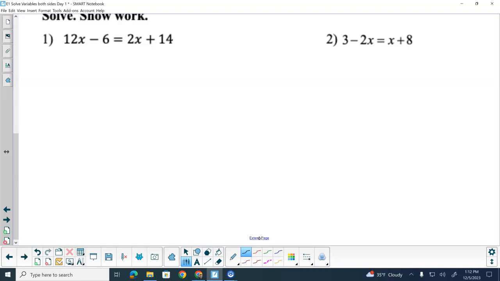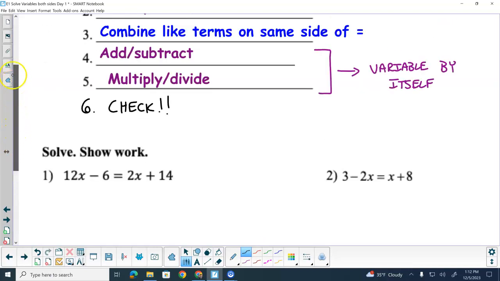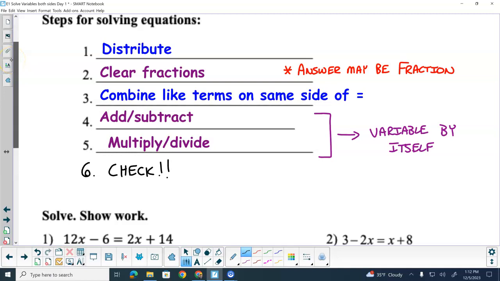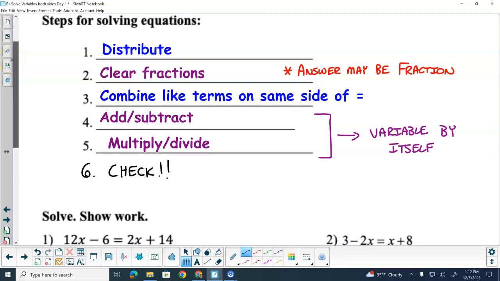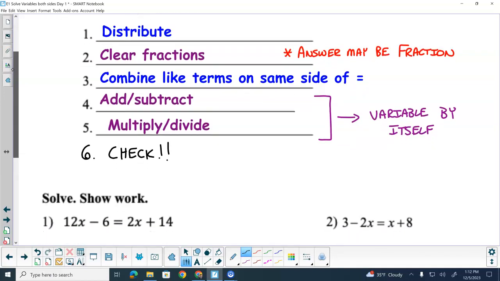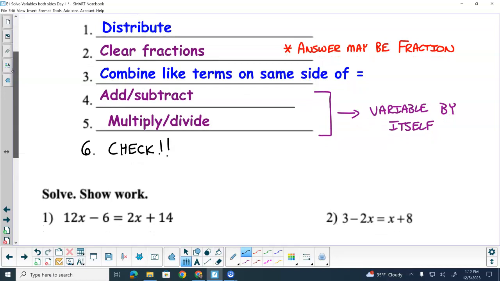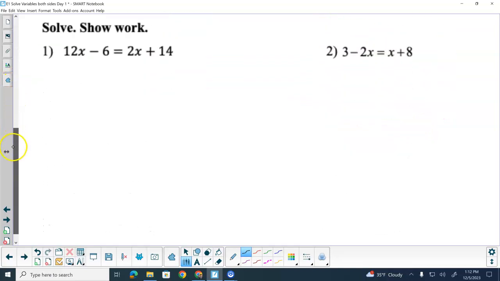Now we're going to have a variable on both sides. Our steps, our work, is done the exact same way. Nothing changes in our work or in the plan for what we're going to do. The only thing that's different is now we might have to do an extra step. Do one little extra thing.